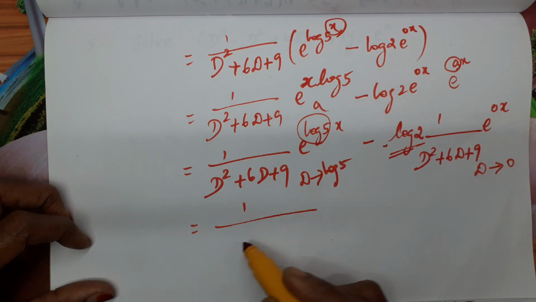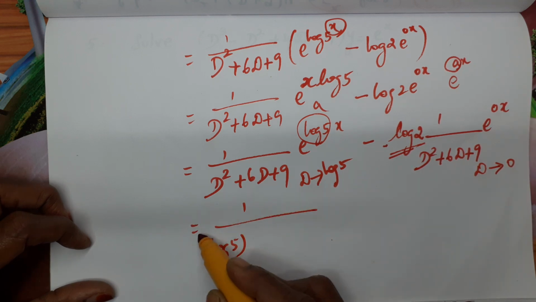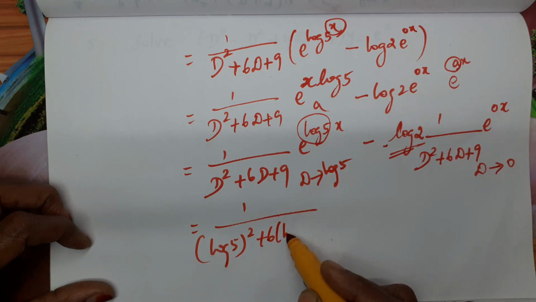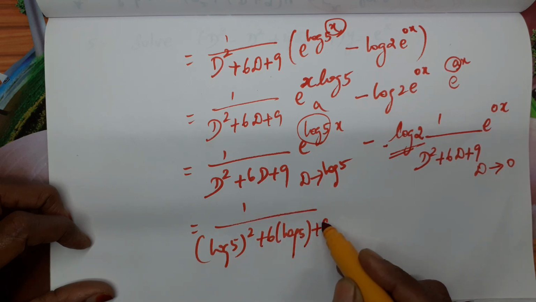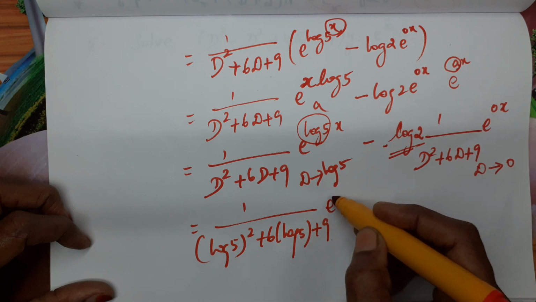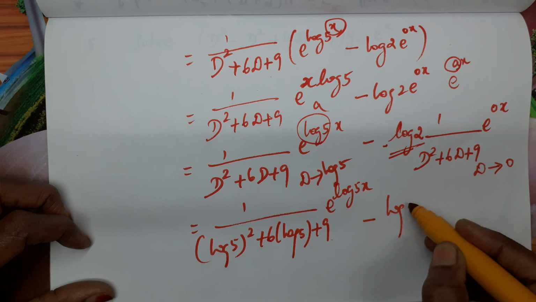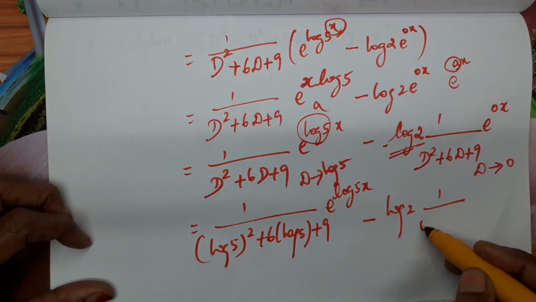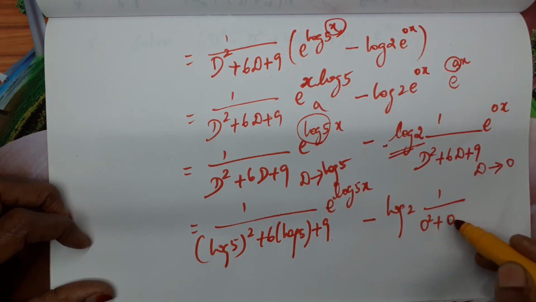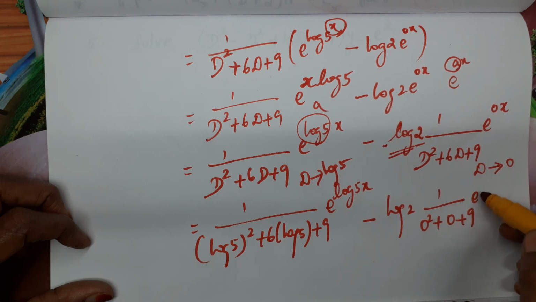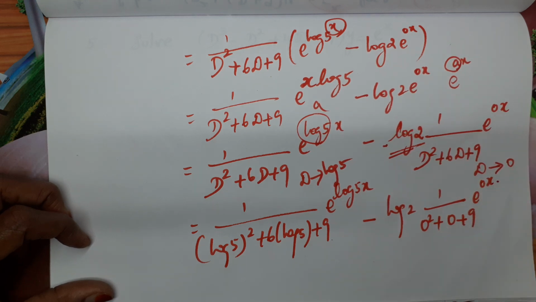So 1 by (log 5) the whole squared plus 6 into log 5 plus 9, e power log 5 into x, minus log 2 into 1 by 0 squared plus 6 into 0 is 0 plus 9, e power 0x.